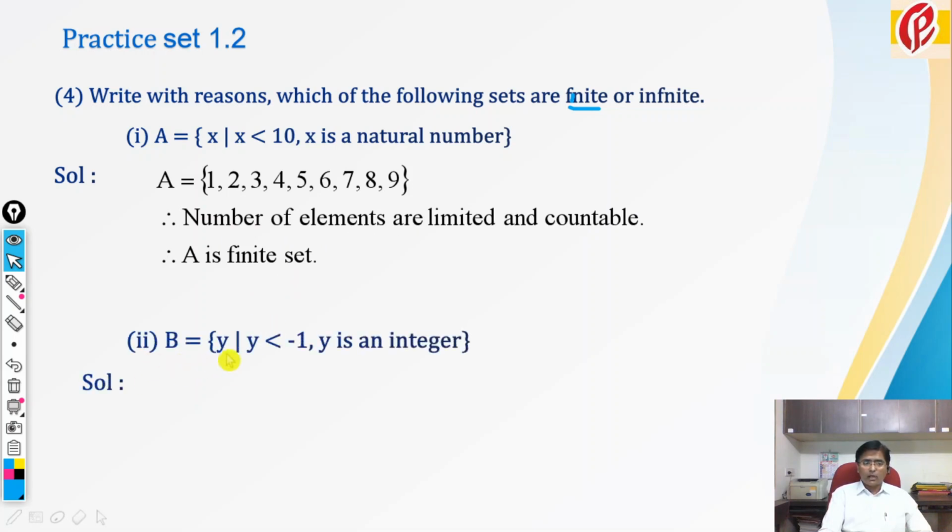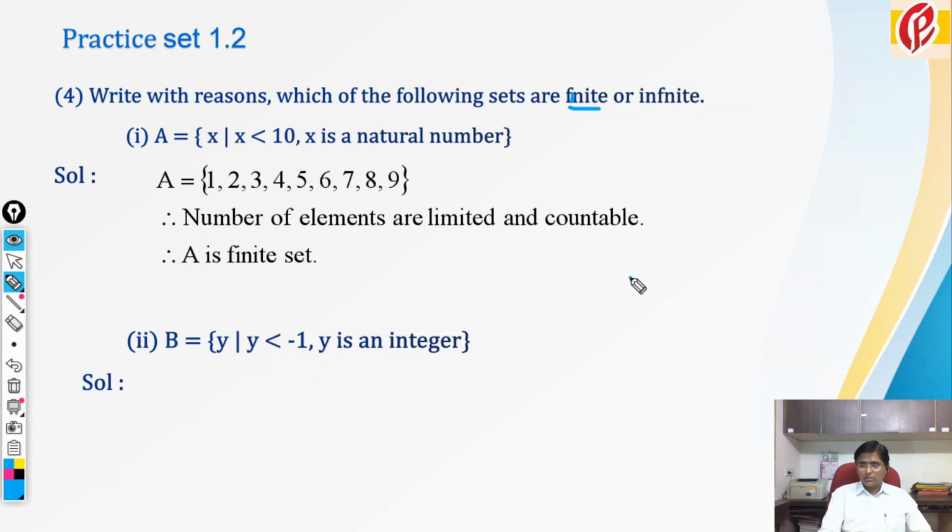Second, B is equal to {Y such that Y is less than -1 and Y is an integer number}. You know that integer numbers are positive integers, negative integers and 0. But Y is less than -1.